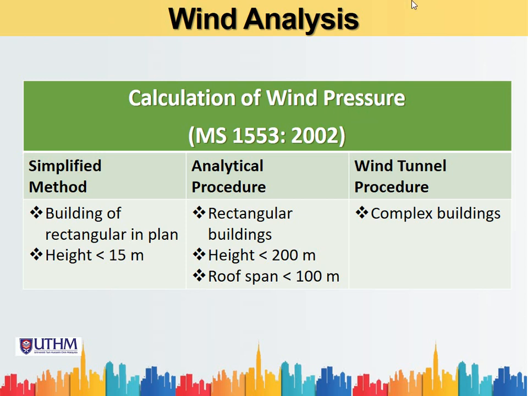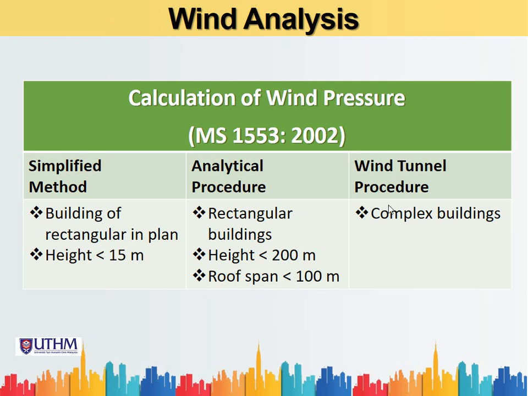The first one is the simplified method. The simplified method is for buildings with height H less than 15 meter. The analytical method is for buildings with height less than 200 meter and roof span less than 100 meter.